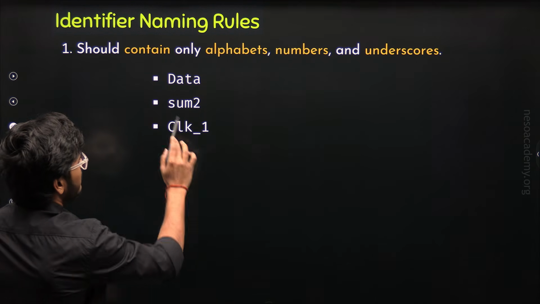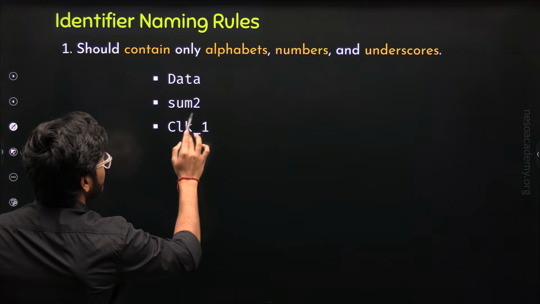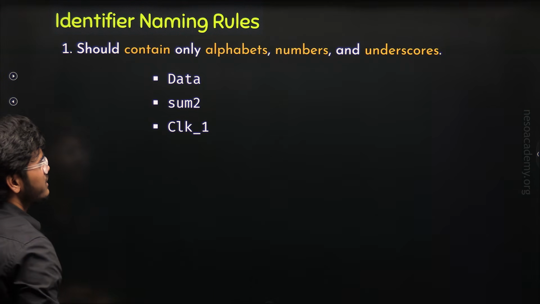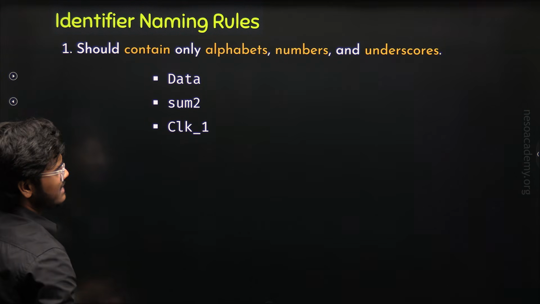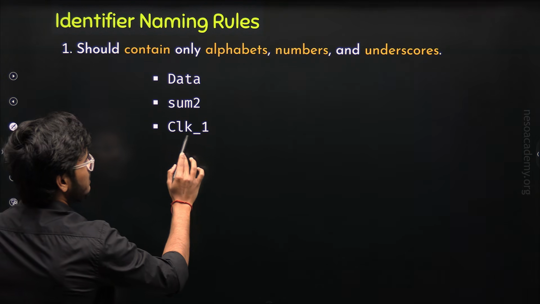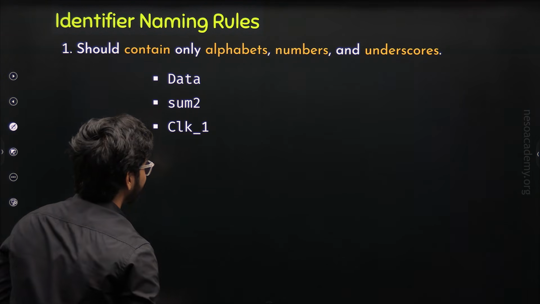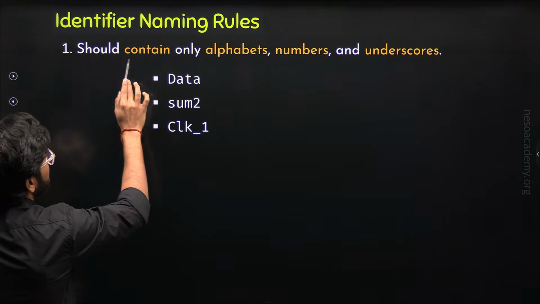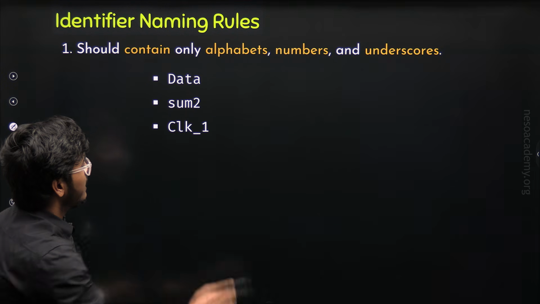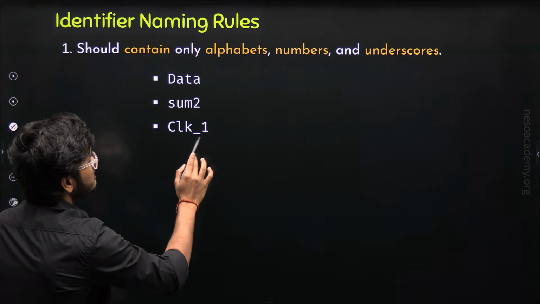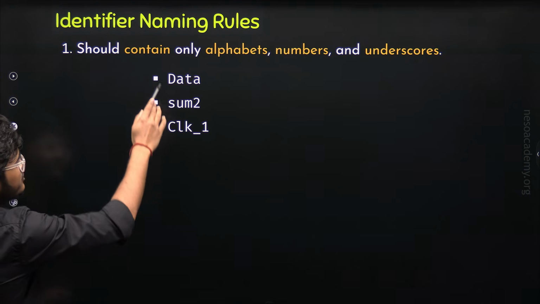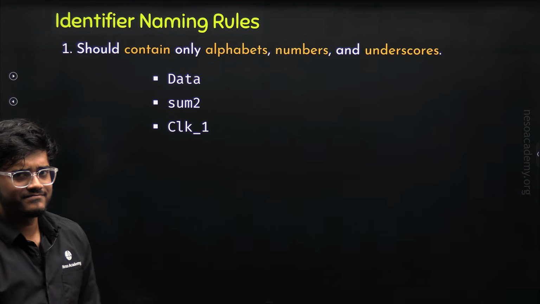It contains letters and a number. It is also following the first rule. Therefore, it is a valid example. Let's see the third example, clock_1. Now, as per the first rule, which says an identifier should contain alphabets, numbers, and underscores, these three examples are valid.